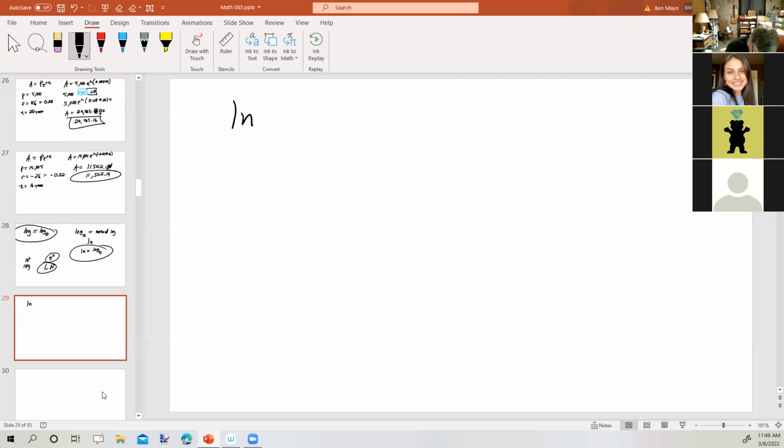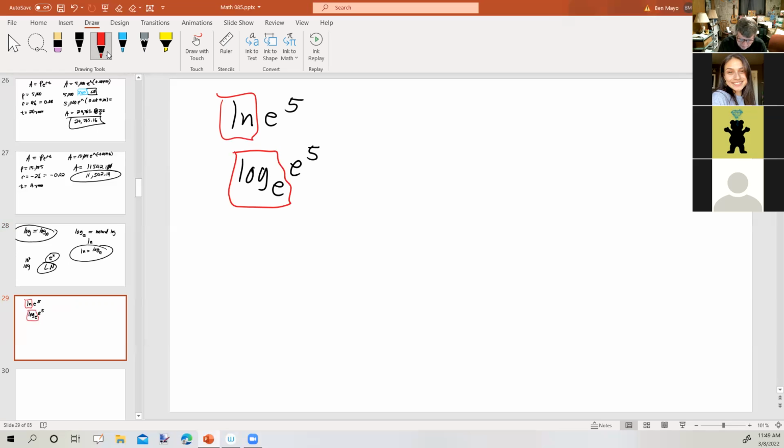So it says evaluate each expression without using a calculator. The natural log of e to the 5th power. That's the same thing as log base e of e to the 5th power. Okay, because this is the same thing as that. All right. Now, I'm going to say that that's equal to some unknown answer box.